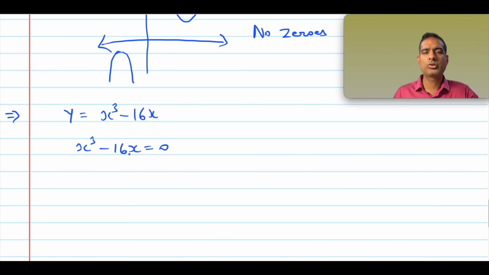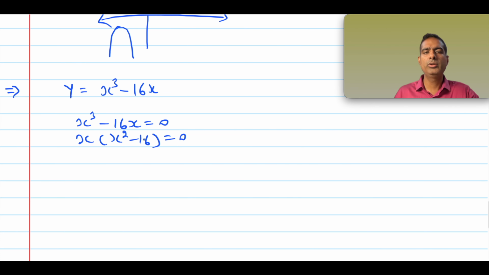Now, x is common in both the terms, so I can take x common. So it will be x into x square minus 16 is equal to 0. Now we know that 16 is the square of 4. So I can write it as x square minus 4 square. Now we can apply the formula a square minus b square in this equation.